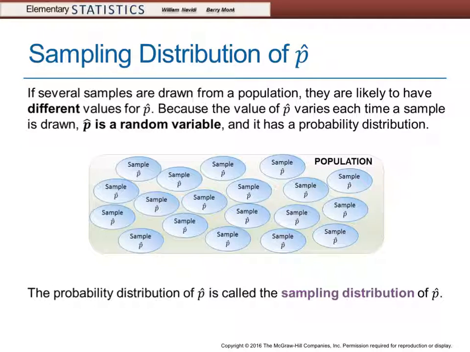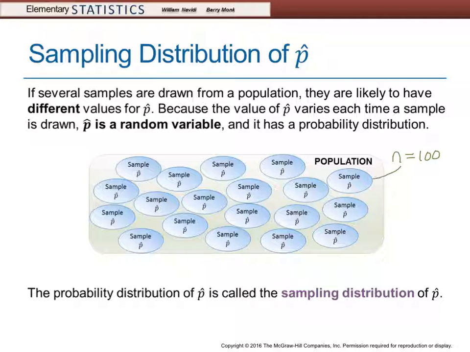If several samples are drawn from a population, they are likely to have different values for p hat. Because the value of p hat varies each time a sample is drawn, p hat is known as a random variable, and it has a probability distribution. So in the last example, each sample had 100 folks, so n equaled 100.